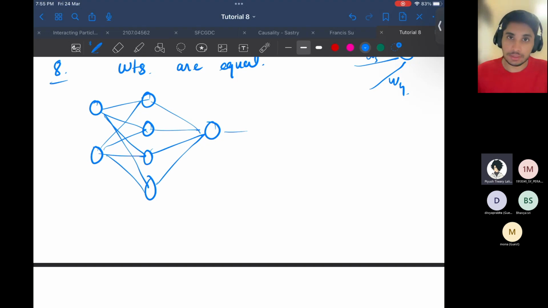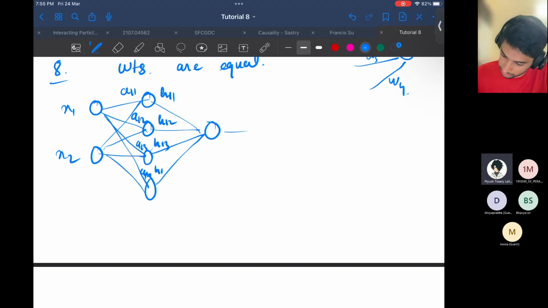So what happens if you initialize all your weights with 0? Let us name it: this is x1, this is x2. Let's say that the input here is a11, that goes here is a12, a13, a14, and so on. The outputs are h11, h12, h13, h14.